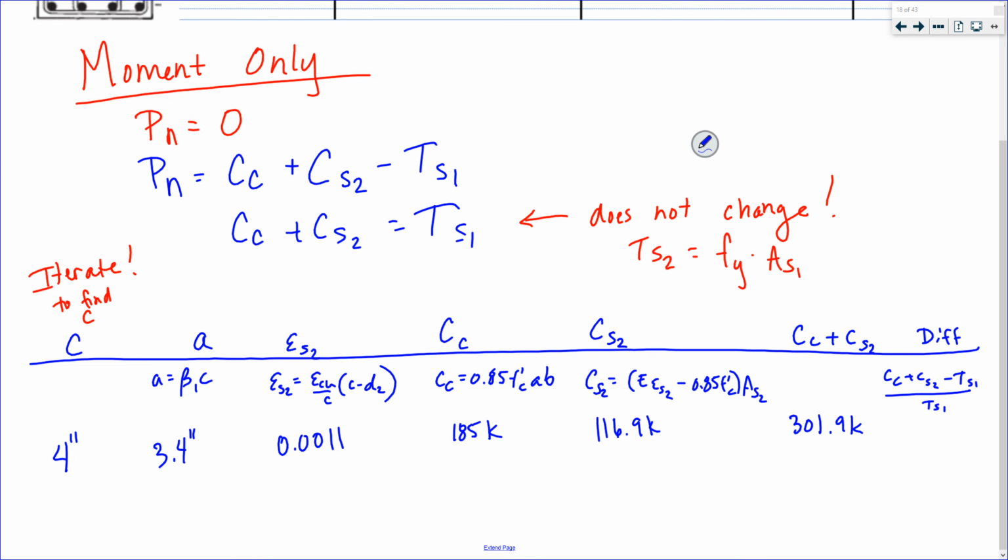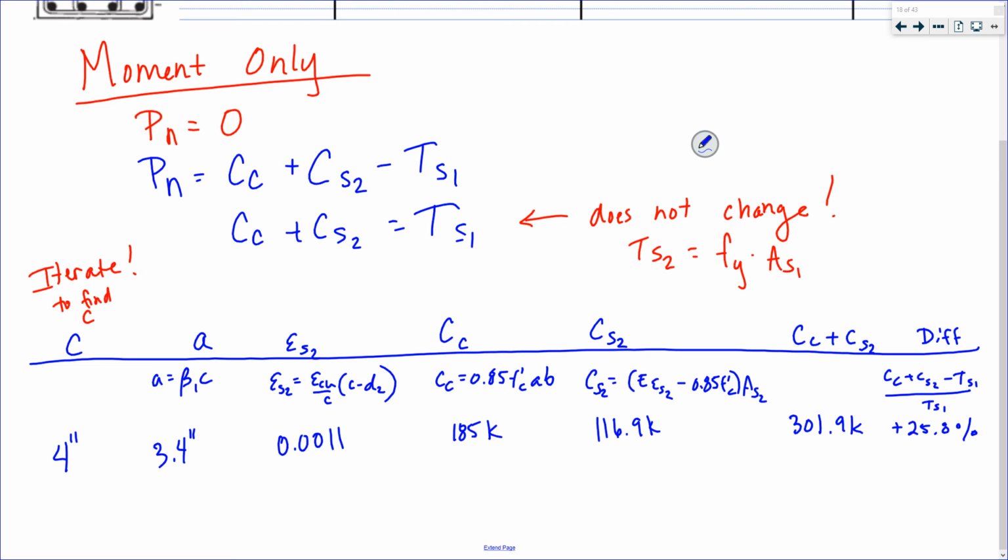So if I do 185 plus 116.9 minus 240, because that's how much I'm getting from my tension steel, divided by 240 times 100, I got a difference of 25.8%. That's really not good.